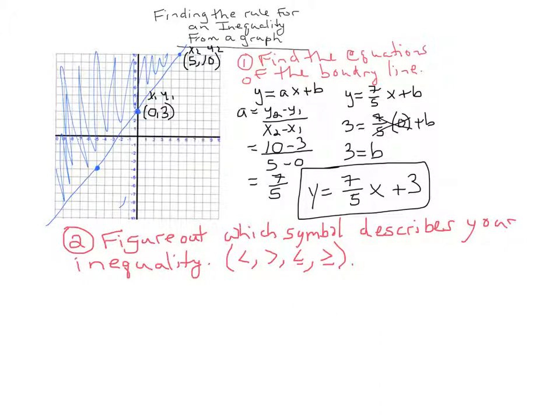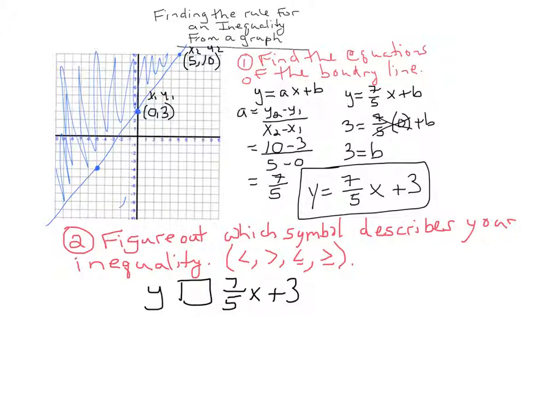You have your equation, and just instead of putting a symbol, I'm just going to leave a box there. 7 over 5x plus 3. And all I need to do is figure out what goes in this box. Well, am I shaded on top of my line or am I shaded below my line? On top.